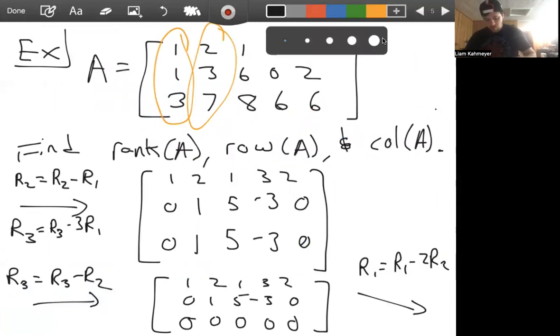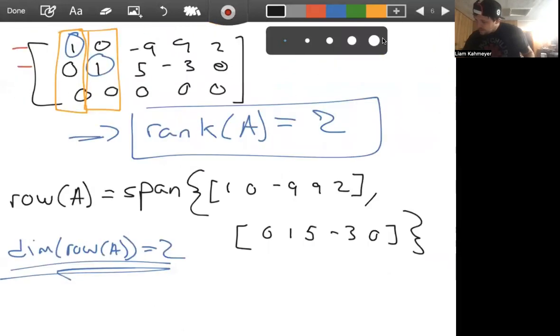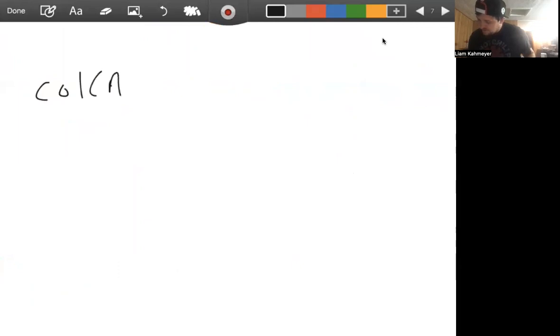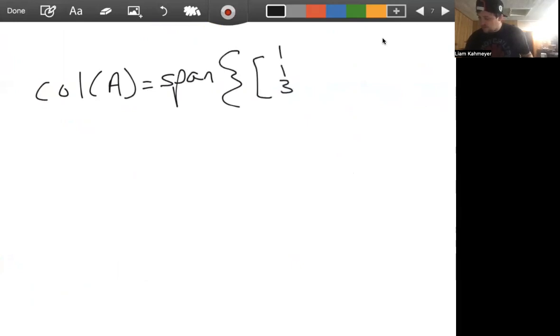And so what we have is the column space of A is the space spanned by the vectors (1, 1, 3) and (2, 3, 7).